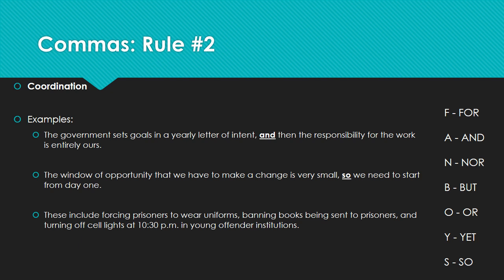Now at this point, I'm guessing that some of you are wondering whether you have to always use a comma before the coordinating conjunction and. The answer is no, as long as you're only connecting nouns. For example, Sweden and Norway both have progressive social policies. Sweden and Norway are both countries, and therefore nouns.